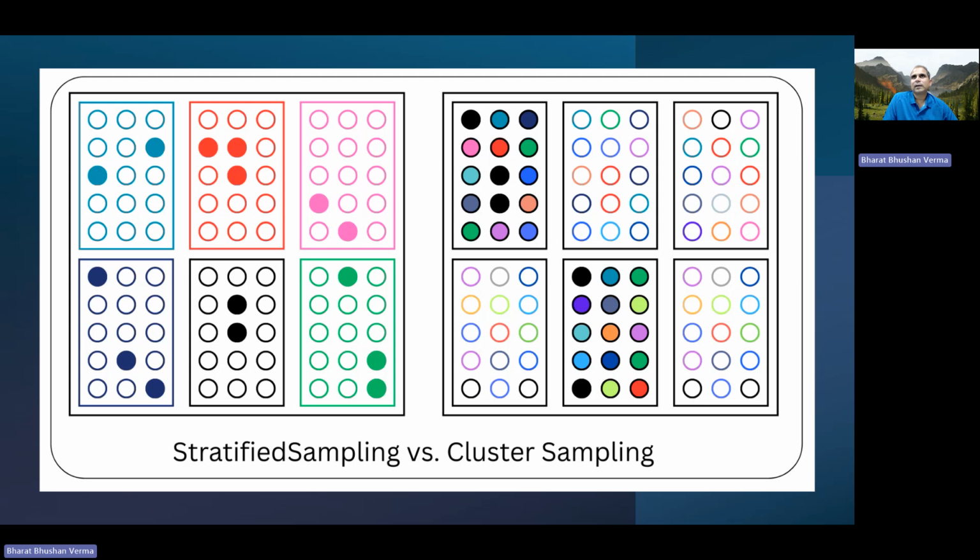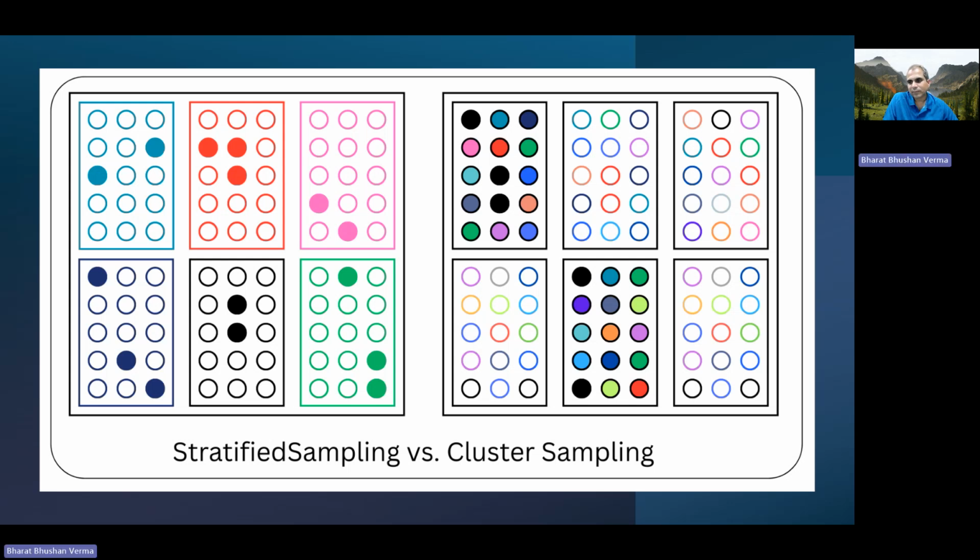So you would stratify the data into junior, middle, and top management. And in proportion to which each of these management populations exists, you draw a random sample in the same proportion from each of these strata, so that you have the data from each stratum. So everybody is represented in the final sample.